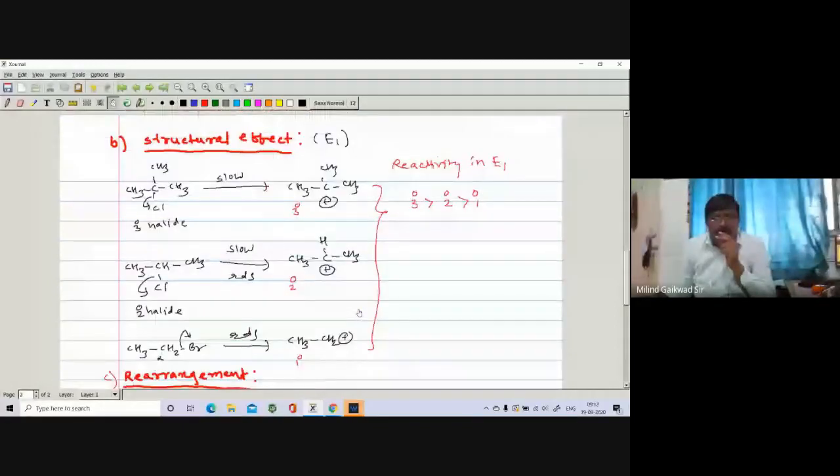The next evidence is rearrangement. In the first step there is a formation of carbocation similar to the SN1 mechanism. If the structure permits, a primary carbocation may be converted into a secondary carbocation, and maybe also into a tertiary carbocation, and further it undergoes abstraction of proton, and you get the corresponding alkene. We will discuss this point later on.